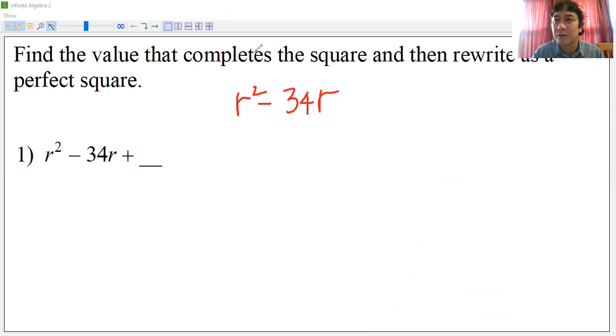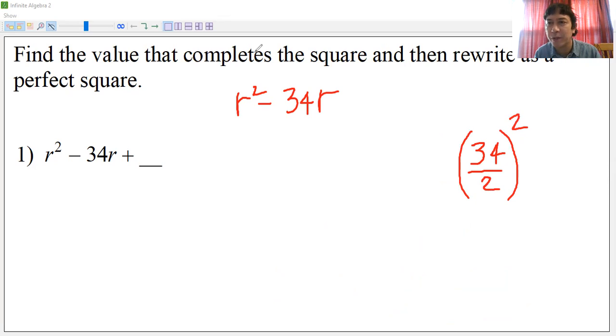Our b here is 34. The 34 is the coefficient of the first degree r, not the squared r. After getting that number, you divide it by 2 and then square it. That will be the required number to be added.